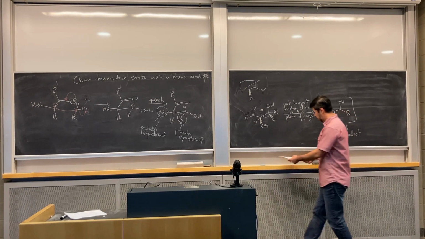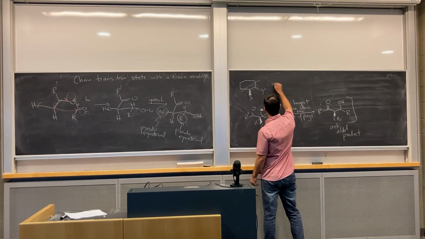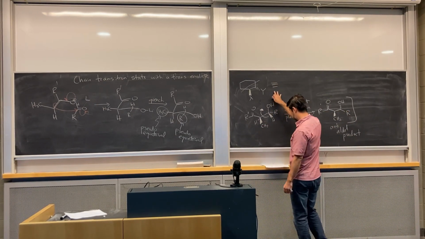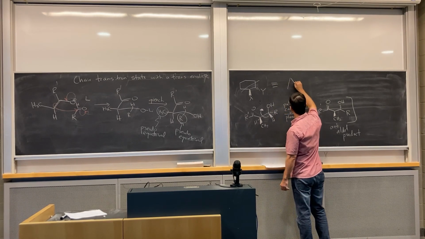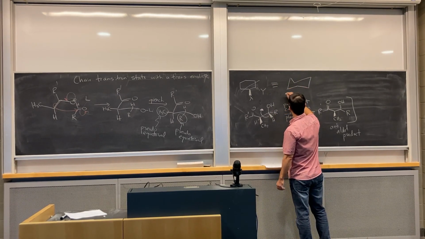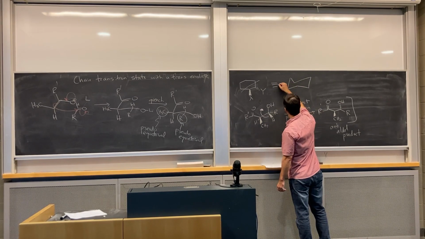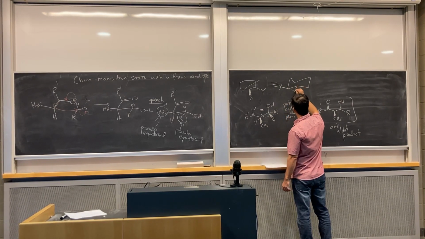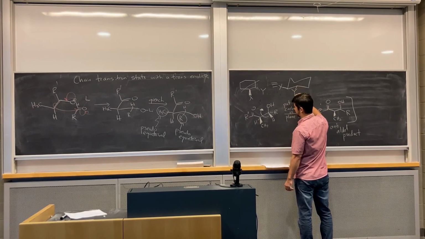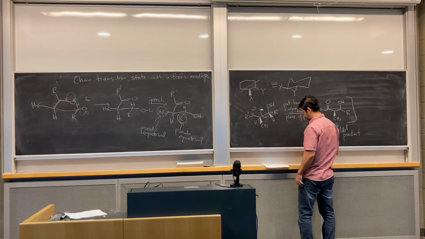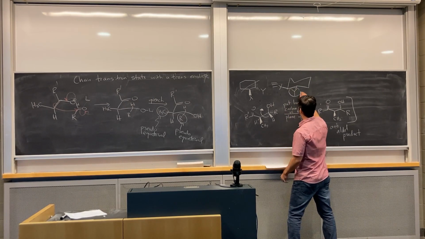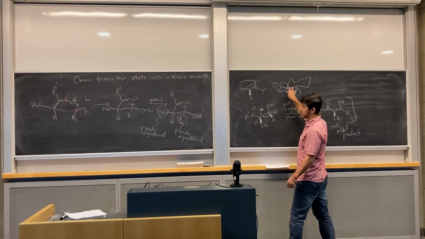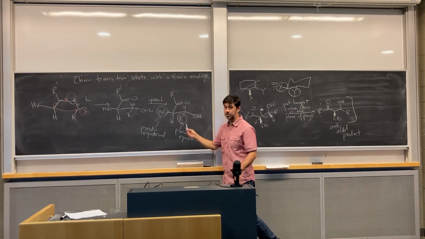And just to make this complete, just recall that this here corresponds to this chair structure where you have X equatorial, Y equatorial. Okay, so again, that corresponds to this, this corresponds to these exact positions there.